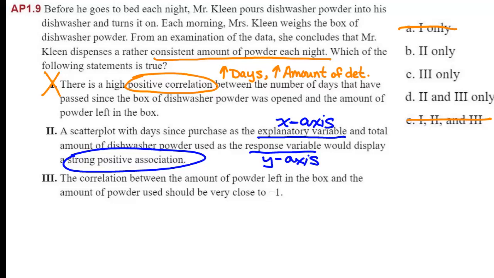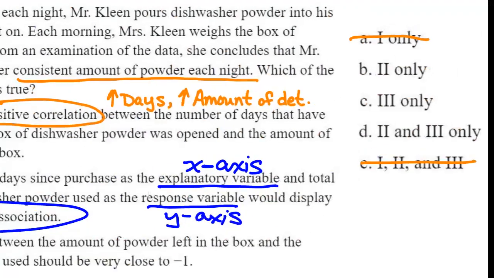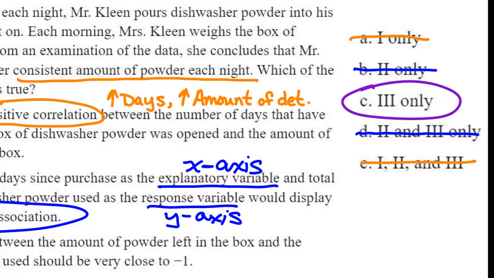We just said a minute ago that it's not going to have a positive association because as the number of days goes up, which we have as our explanatory variable, the amount of dishwasher powder, if he's using it every night, is going to go down, down, down, down, down. So it is not this one. So anything that has 2 in it has got to go. So I'm left with number 3, but let's read through that.